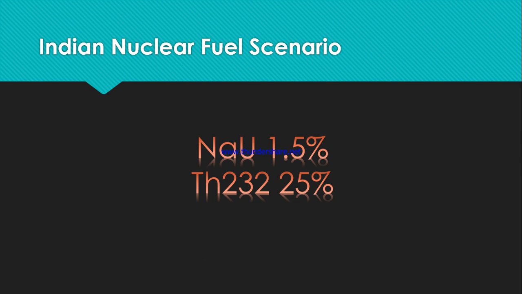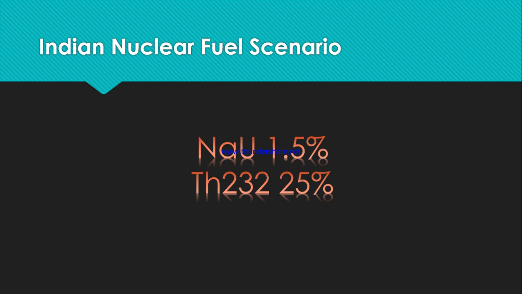That is monazite, where around 7 to 10% of that sand is thorium, available in the form of oxide.